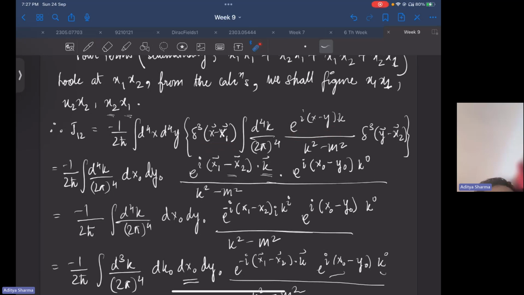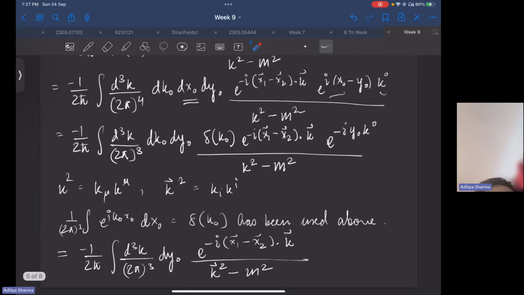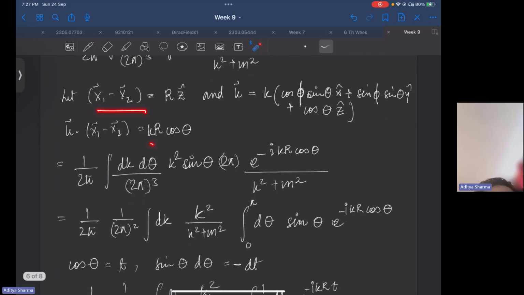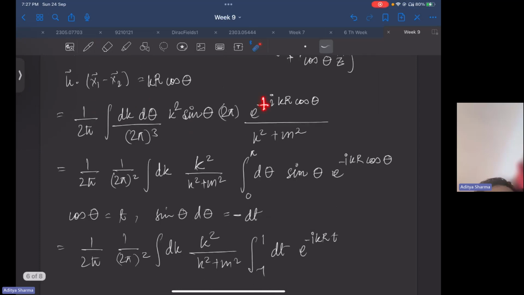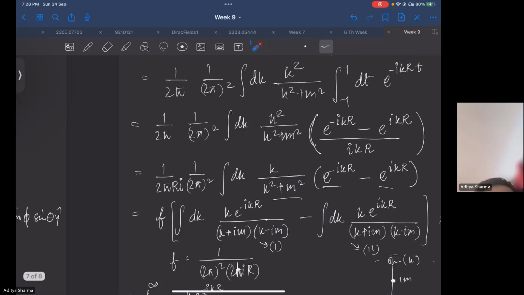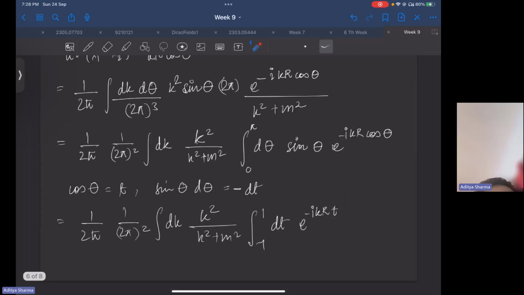So you'll have a minus sign here. When you take the dot product, you will have r times minus z cap, and this will have a minus kr, like minus kr cos theta. So you'll have a plus here, okay, and everything will be the same.